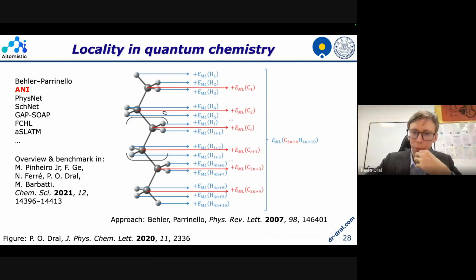I think it's super important, although underappreciated. But it's also about simplicity sometimes, right? Because if you want to develop a potential which depends on some quantum mechanical property, the potential should usually be differentiable because you want to predict forces.